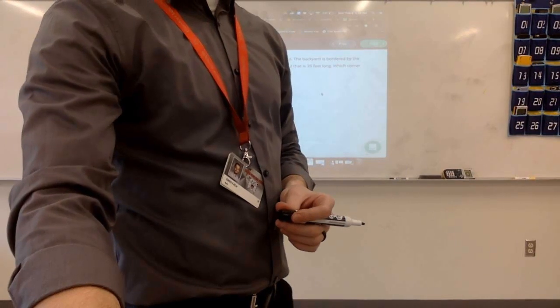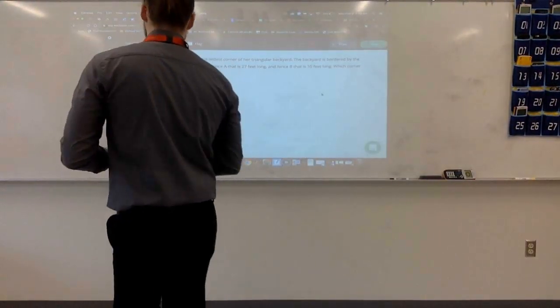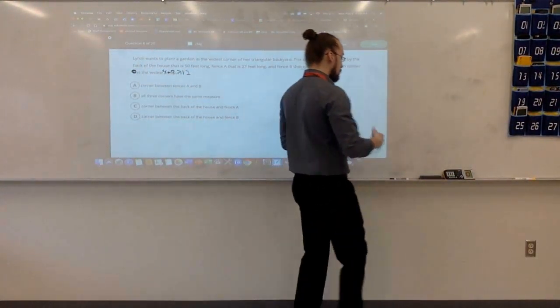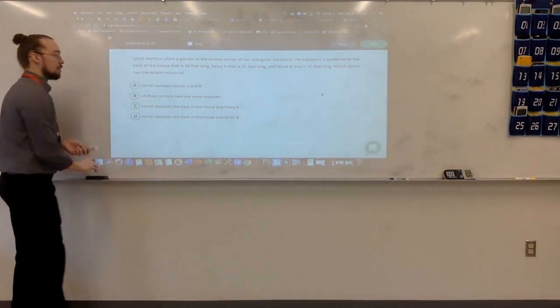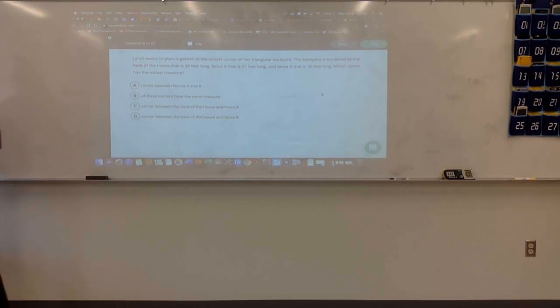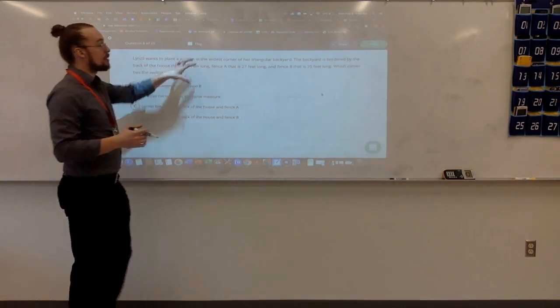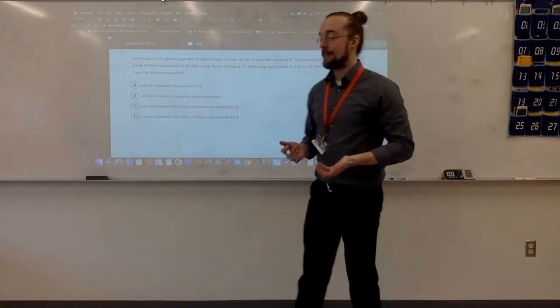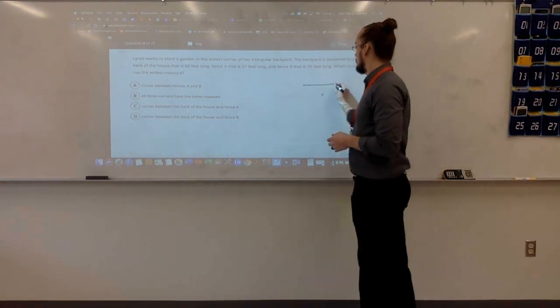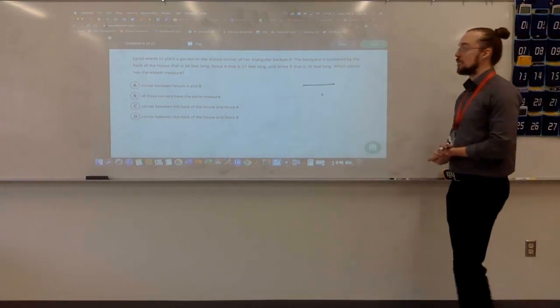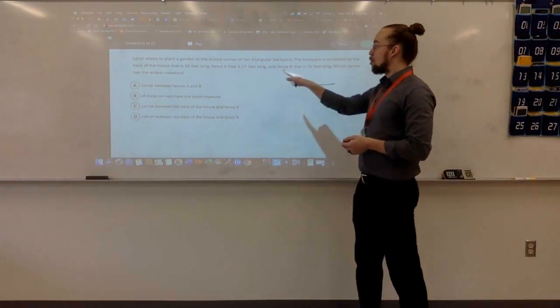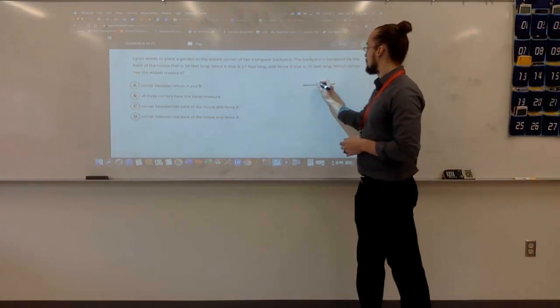Now, a couple others that I was surprised were really commonly missed. This one was just a really wordy way of saying which angle in the triangle is the largest. Okay, so in something like this, we need to draw a picture. So Lindsay's got her triangular backyard, and it says the backyard is bordered by the back of the house that's 50 feet long.